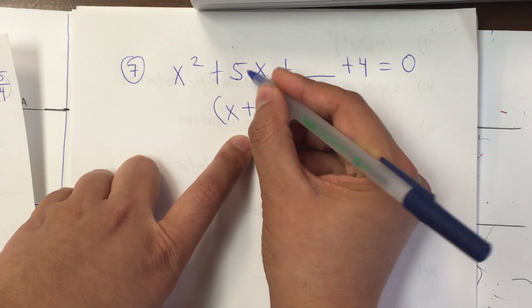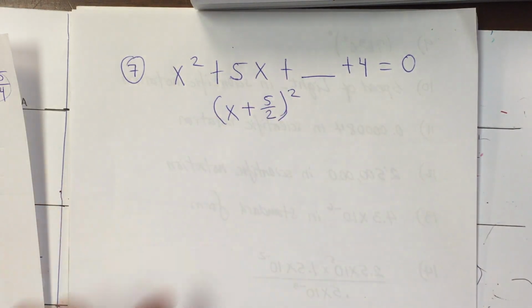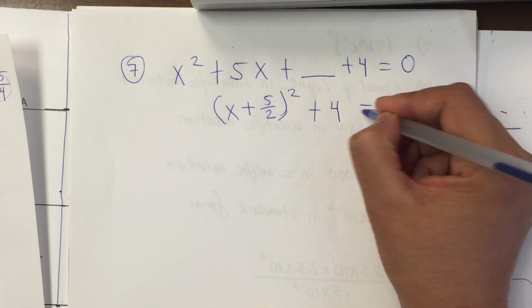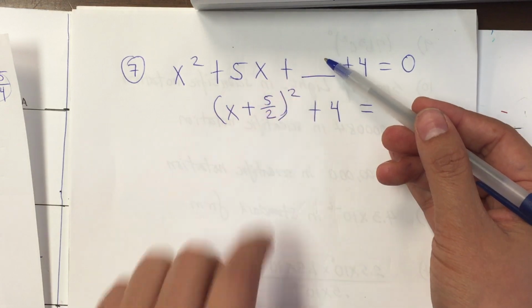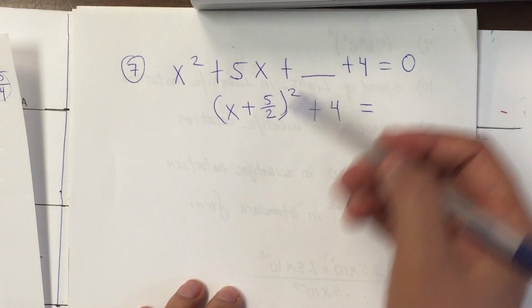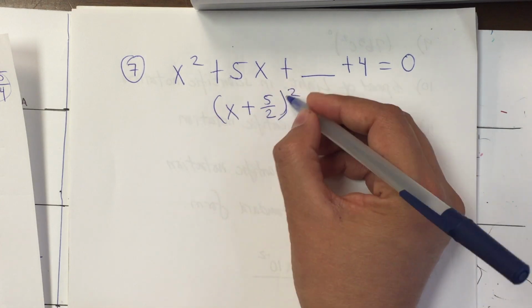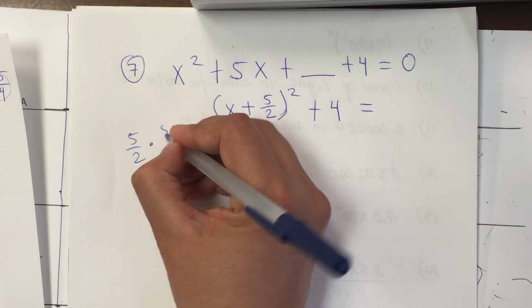We notice that this is an odd number. So when I take half of 5, we're going to represent it as a fraction. We're going to end up with a fraction. We bring down the 4. And so that's equals to, when we complete the square in here, we're raising this to the second power, meaning multiplying it times itself.